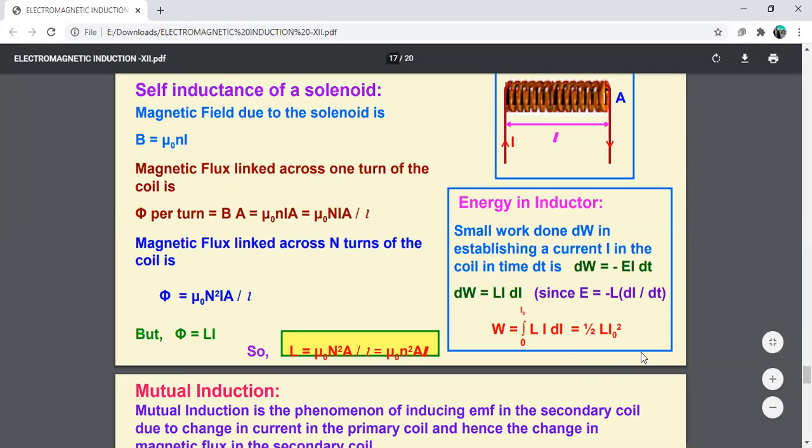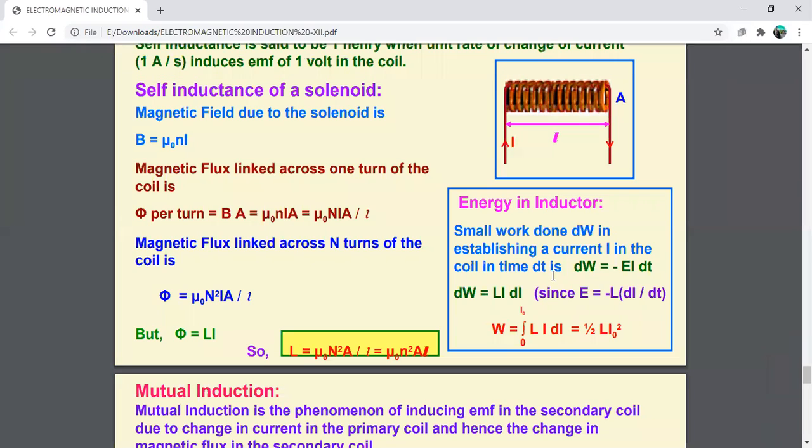Now let us check the small amount of work done in establishing a current in the coil in a small time dt. So far we know that electrical power dissipated across the solenoid is given as induced EMF E into I. You know that power equals voltage into current.